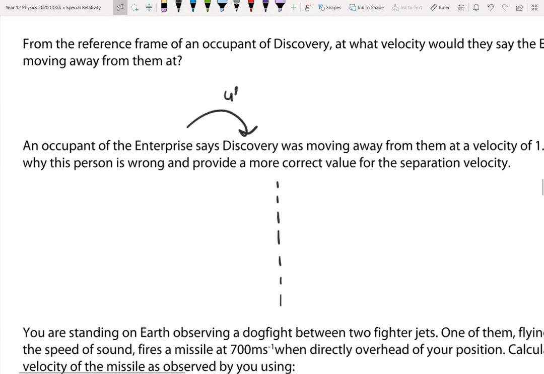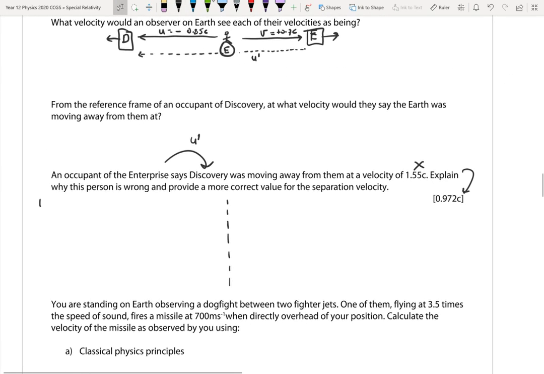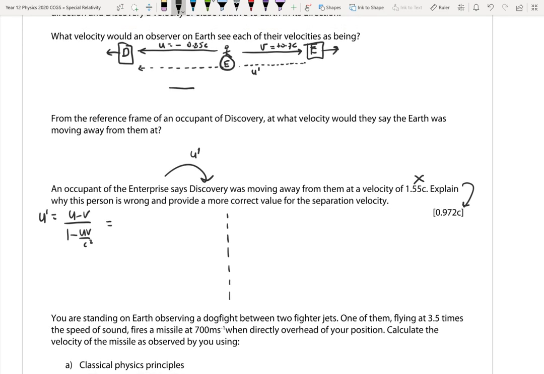So let's take the u prime equation from our data sheet. It's u minus v over 1 minus uv on c squared. I've already put my convention in that positives and negatives are in opposing directions. So u is negative 0.85c minus plus 0.7c. That's the wrong answer, the plus 1.55.